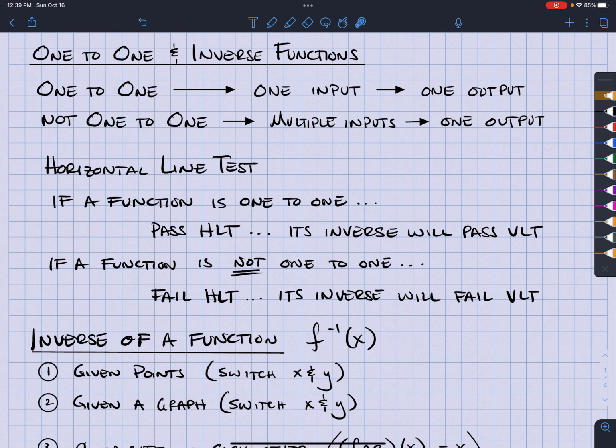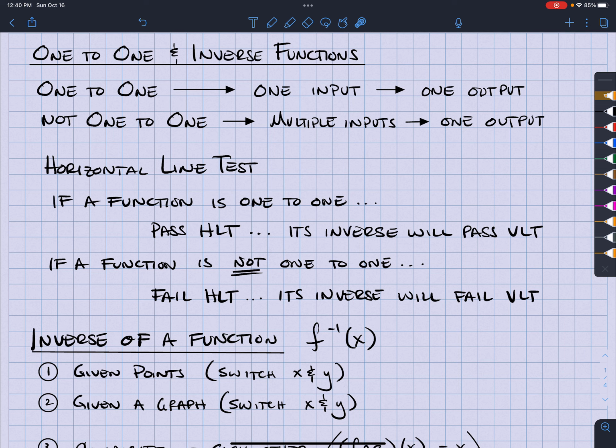If a graph is one-to-one and passes the horizontal line test, then its inverse will pass the vertical line test. That means the inverse would be a function. So if it's one-to-one, the inverse of that function will also be a function.